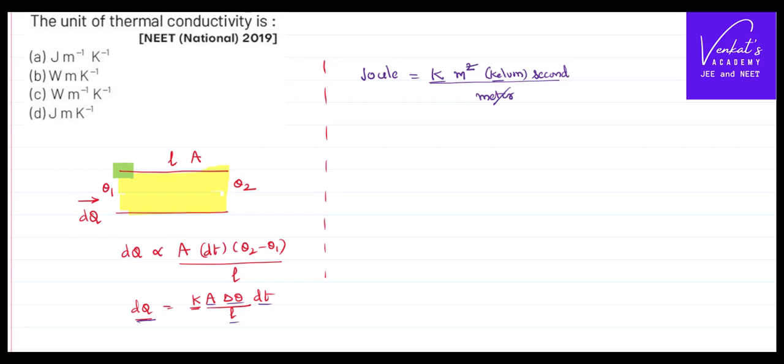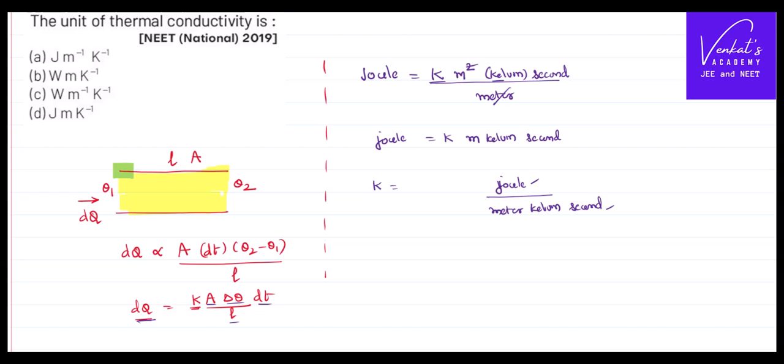Time has a unit of second, and length has a unit of meter. So 1 meter in the numerator and 1 meter in the denominator cancel. What is remaining is joule equal to K, coefficient of thermal conductivity, meter, Kelvin, second. Let's keep K alone on one side and take everything else to the other side. So K becomes joule by meter, Kelvin, and second.